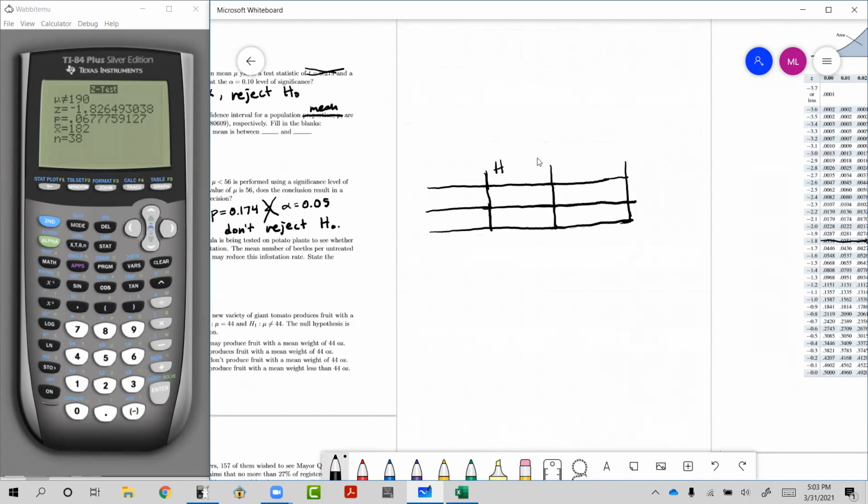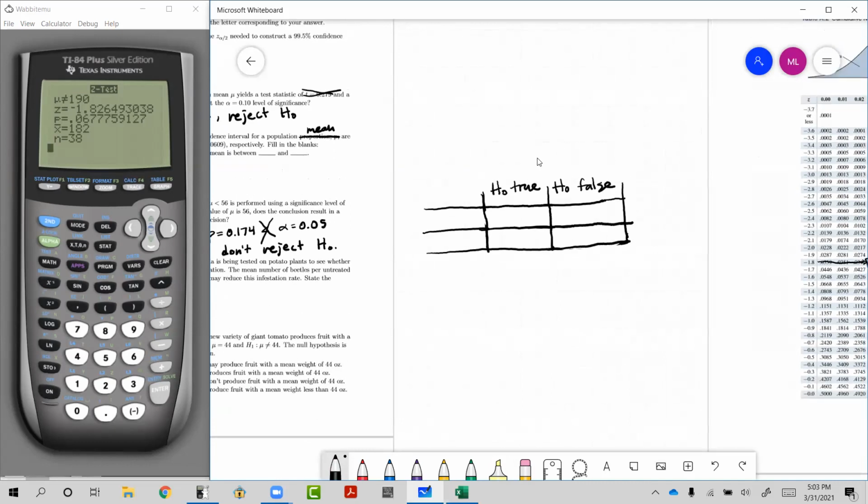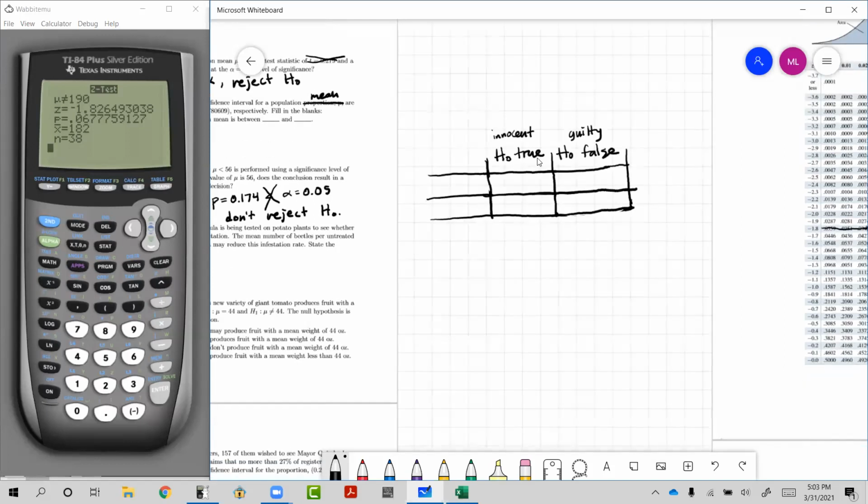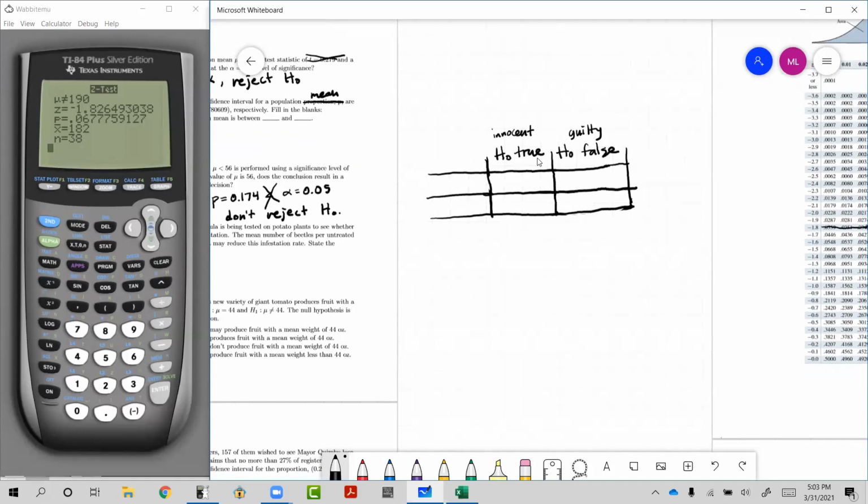So basically, the null hypothesis in reality can actually be true, or H naught can actually be false, right? This is the idea. They can actually be innocent, or they can actually be guilty. And then over here we have our verdict.